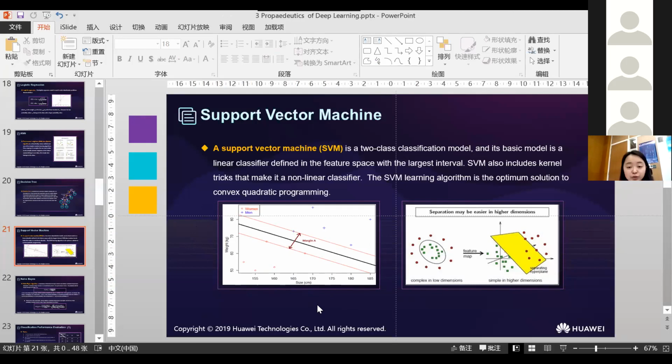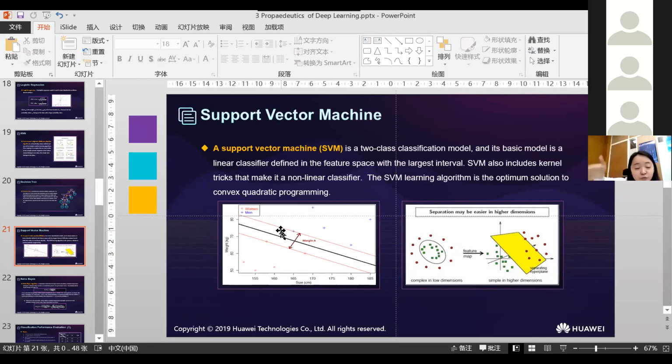Here we want to do a binary classification task. The red spots mean women, and the blue spots mean men. So we need to divide these 2 categories. We want to draw a boundary between these 2 categories.